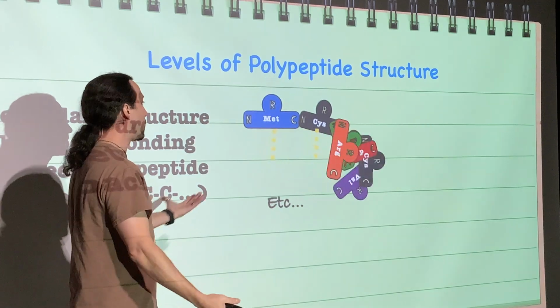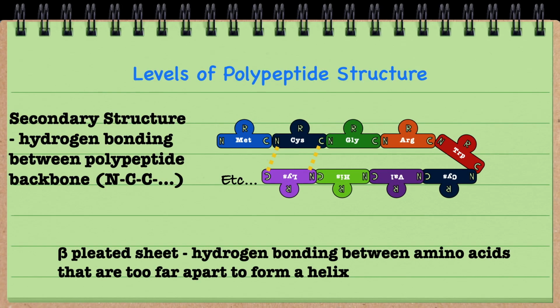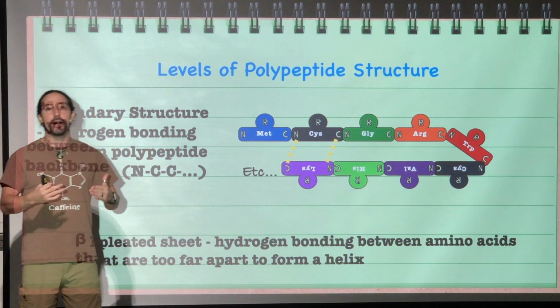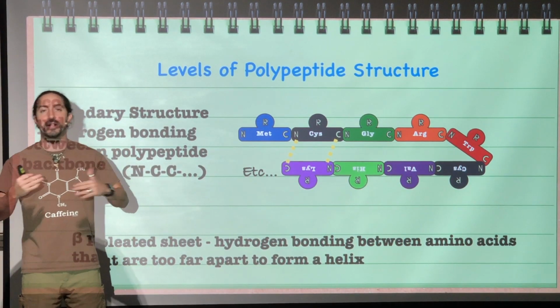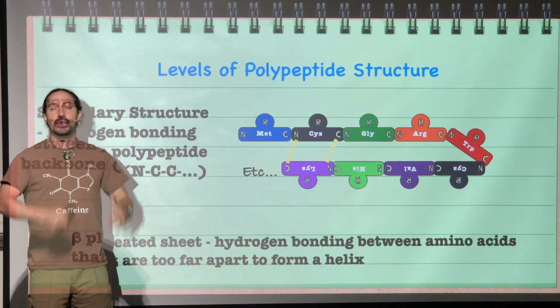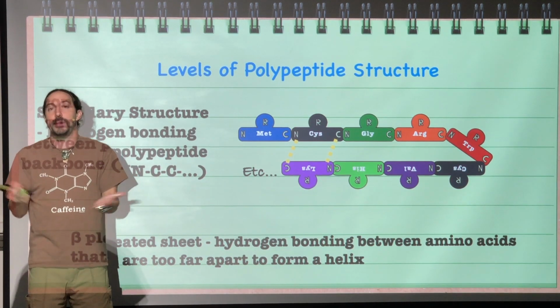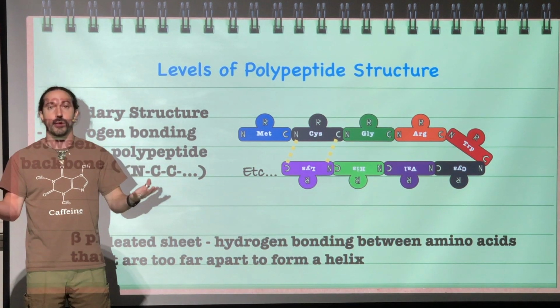Or another thing that could happen is if we were to add a couple new amino acids, we just added histidine and lysine right there. What else could happen is something called a beta pleated sheet. And that's if the hydrogen bonding between the backbone happens at further intervals. These could be hundreds of amino acids apart, or they could be, say, 10 or 7 amino acids apart.